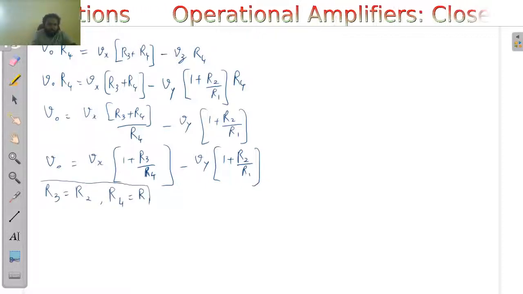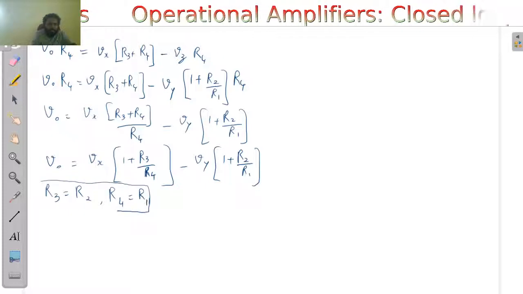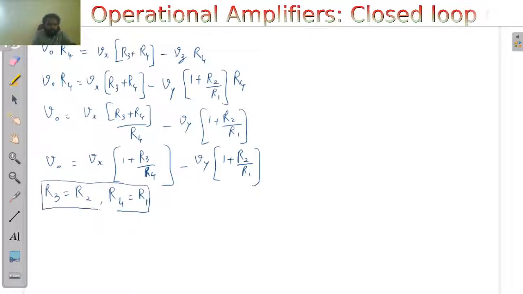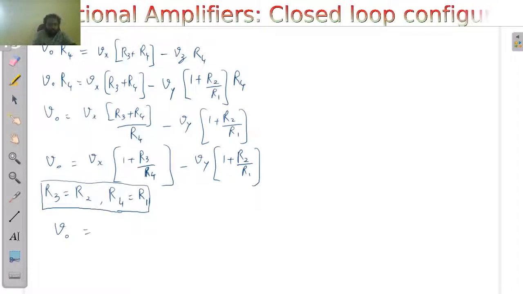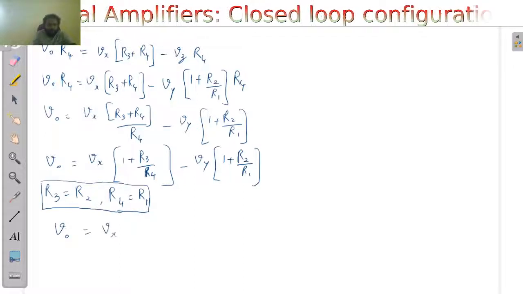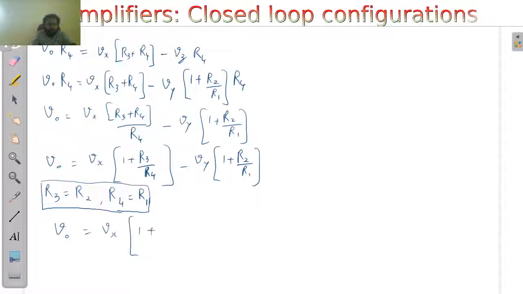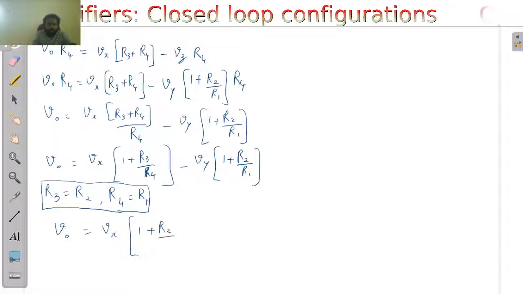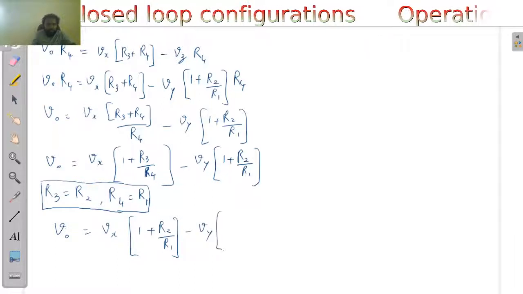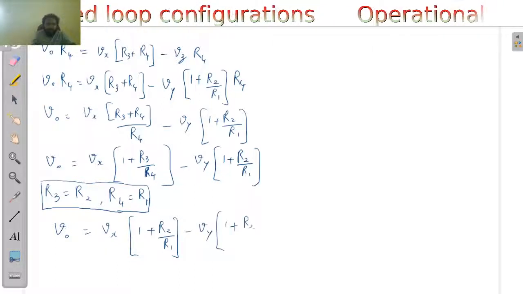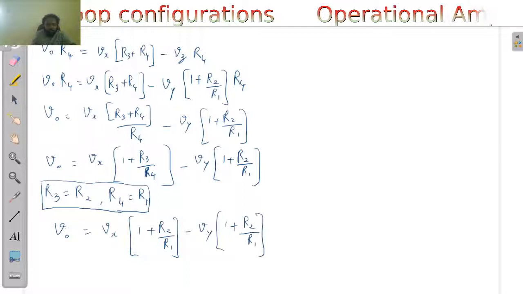If we do this, then the equation becomes Vo equal to Vx times 1 plus R2 by R1 minus Vy times 1 plus R2 by R1.